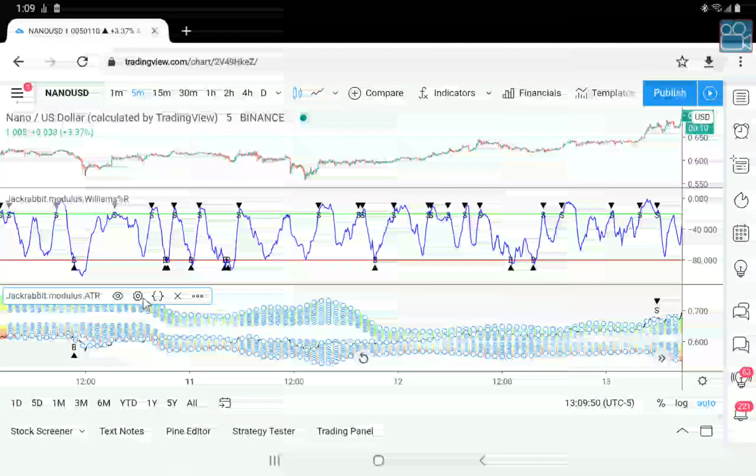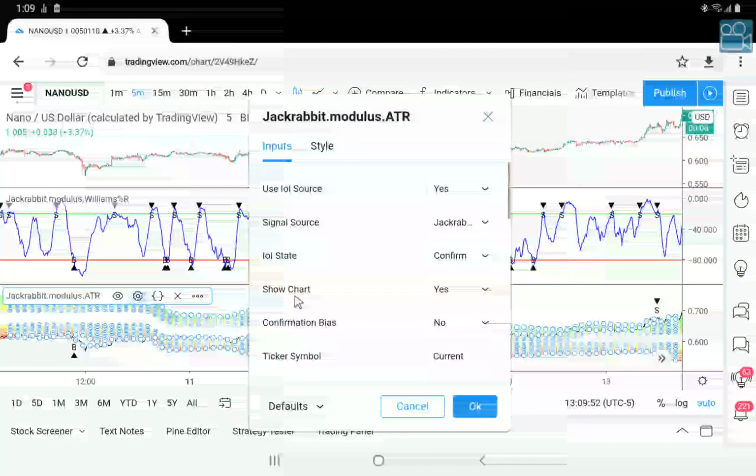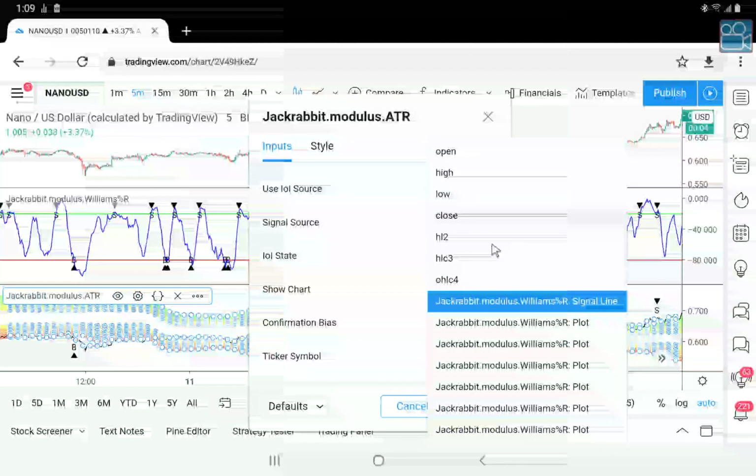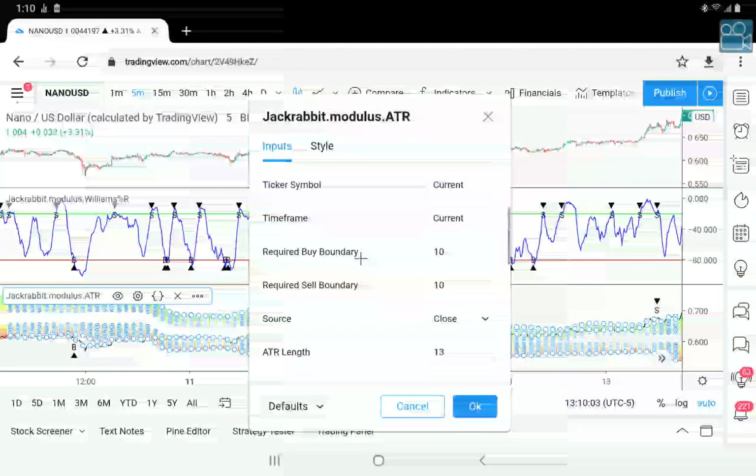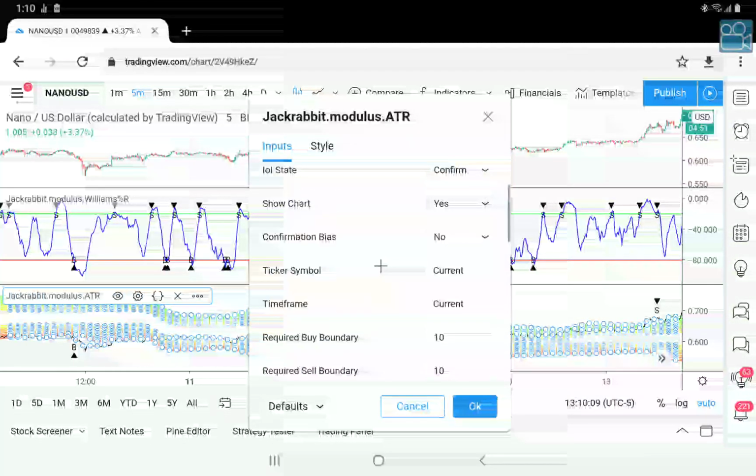So let's go look at ATR. Now again, ATR pulls in the Williams signal line. I didn't change too much here, and in fact I really didn't change a lot of ATR settings at all.